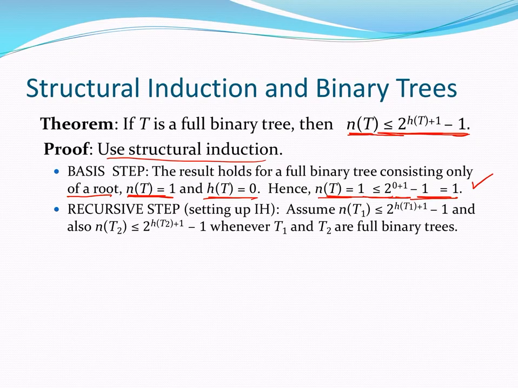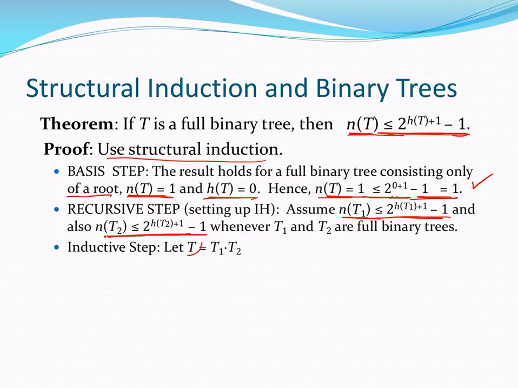All right, let's try the recursive step. We're going to assume that the theorem holds for trees already in my set. Call those T1 and T2. And then we're going to see if the relationship holds for a tree created with those in the next recursive step.